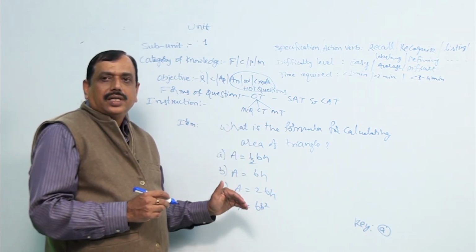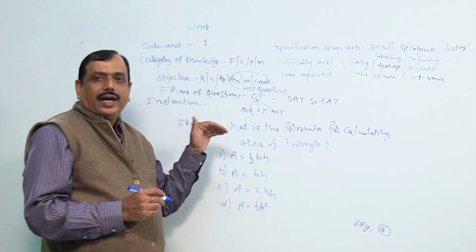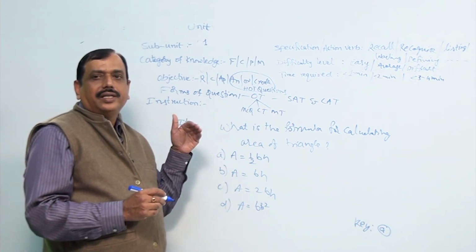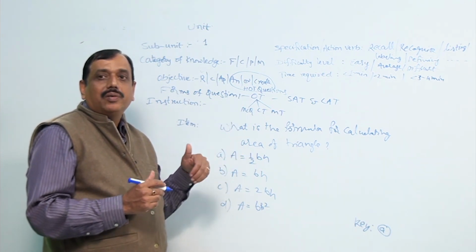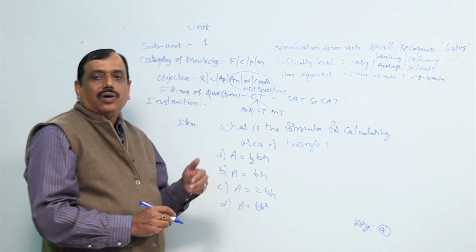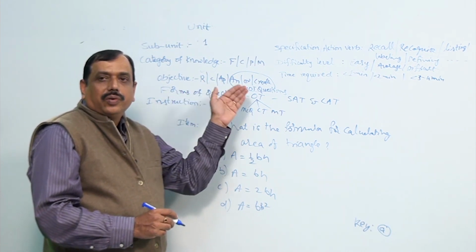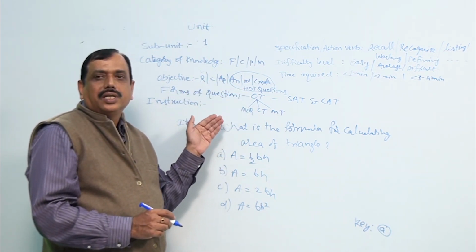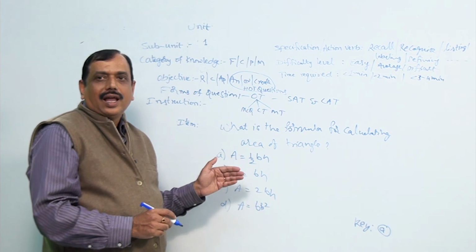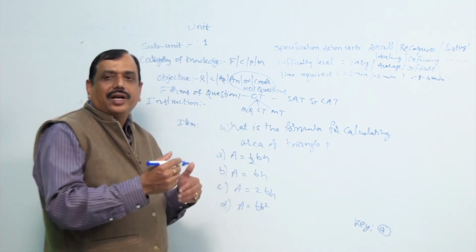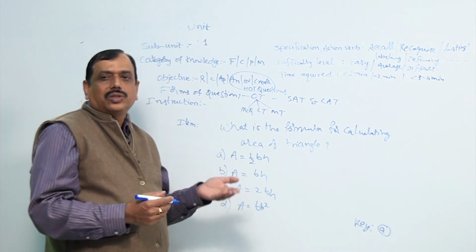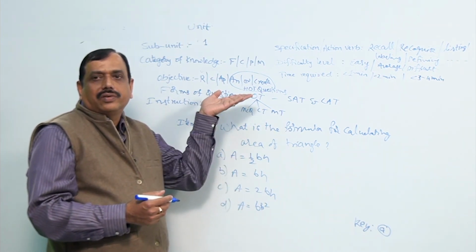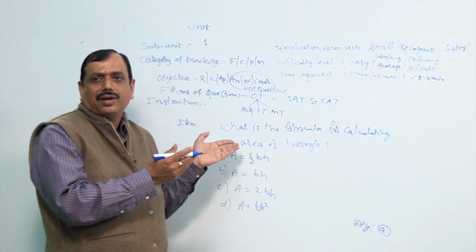So, once the questions of these kinds are prepared for each item, if this procedure is followed, then you will be in a better position to say, on what subunit, what type of questions you have constructed, and later on you can reflect upon the number of questions you have constructed and see whether these questions and the table of specifications are matching or not.